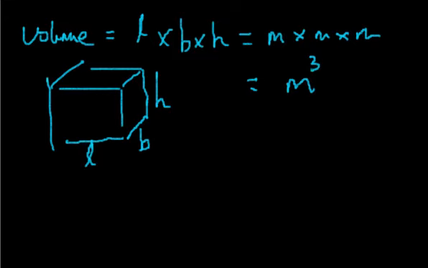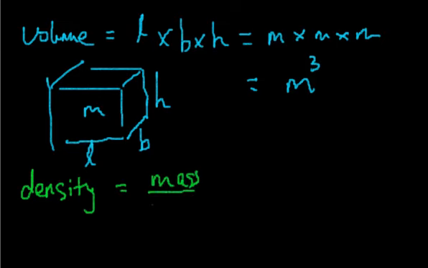Now let's think of something else we can use. Say kilogram, right? Say the mass of this is let's say m, and we are interested in the density. Now density is the amount of mass for a unit volume. Let me choose a different color. Right? Density is mass divided by volume.